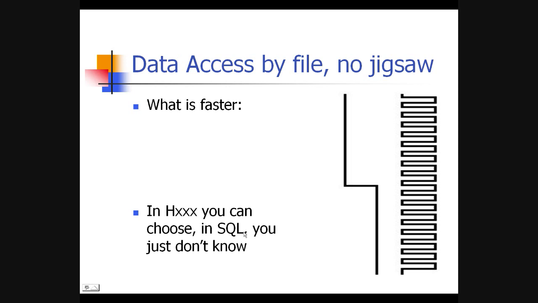In SQL, if you're using a query, you just don't know how it's going to be physically read on the hard drive. I really hope that the data engines are optimized enough to use the optimized data access, but I don't know about that. I have no information about that.